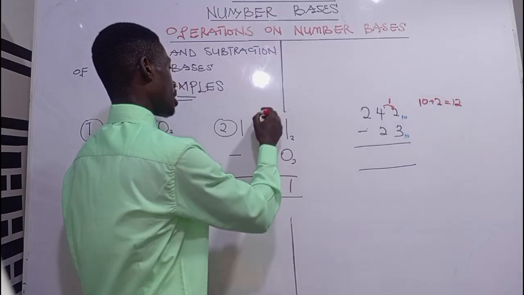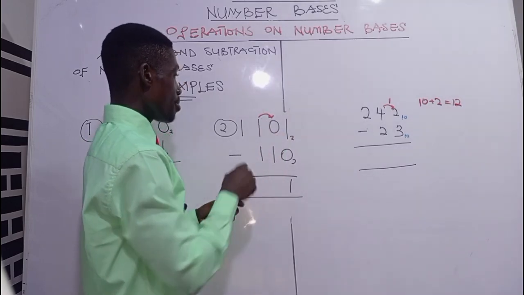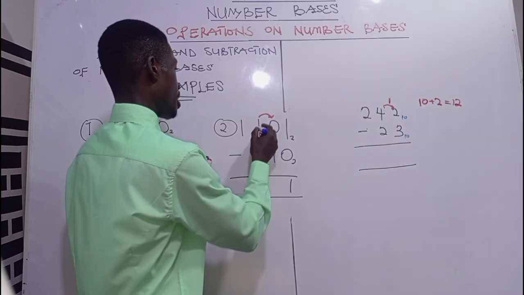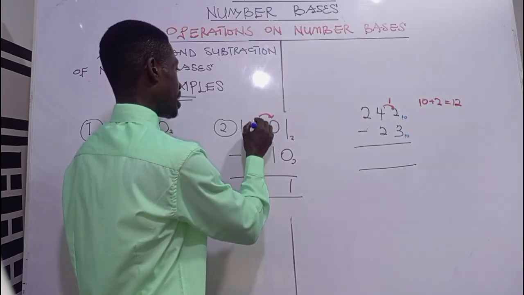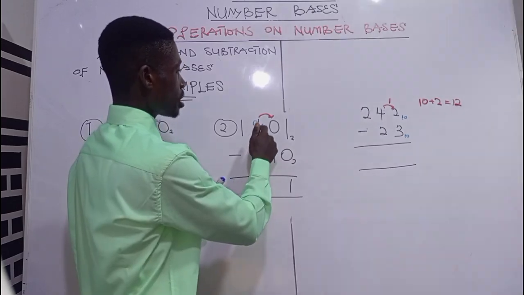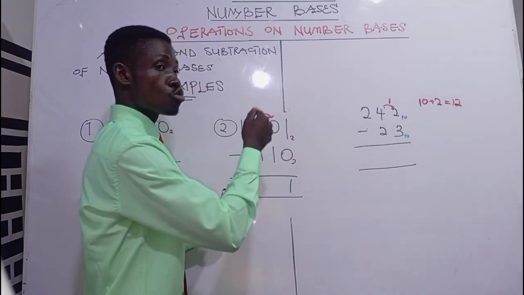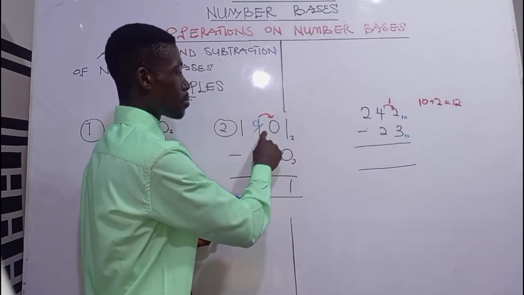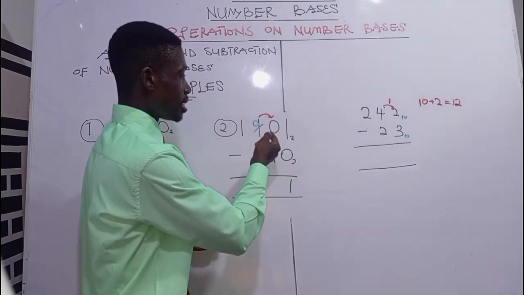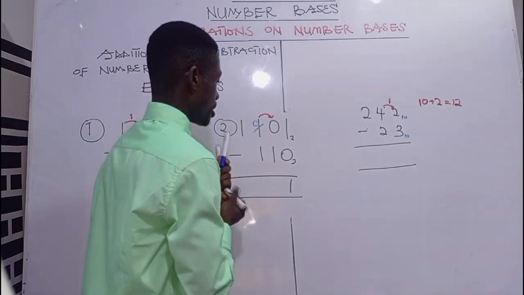We come to this 1 and then we borrow. Now when we borrow, this 1 is no longer there. It is 0 now. Now this one that we have borrowed, since we are working in base 2, it is 2. So 2 plus 0 will give us 2. And then that 2 minus 1 will give us 1. Then we write it here.